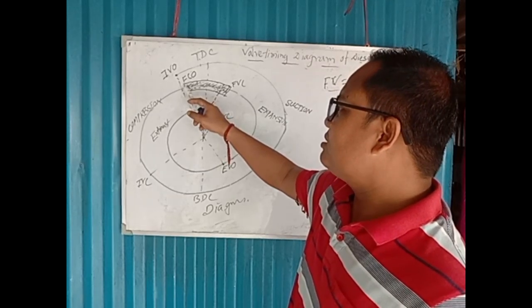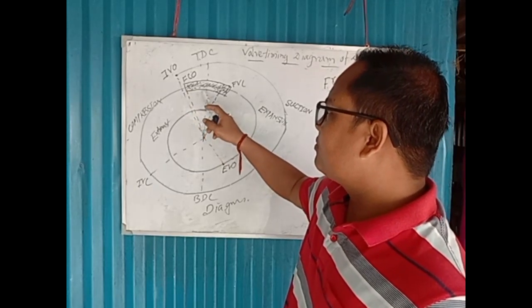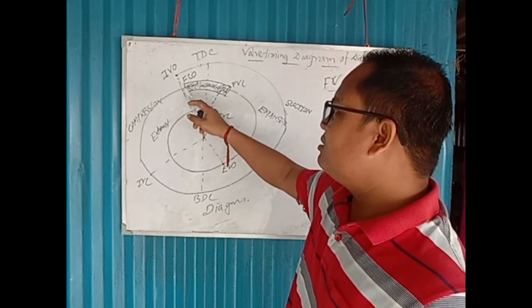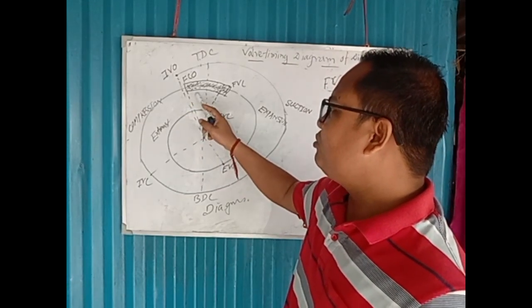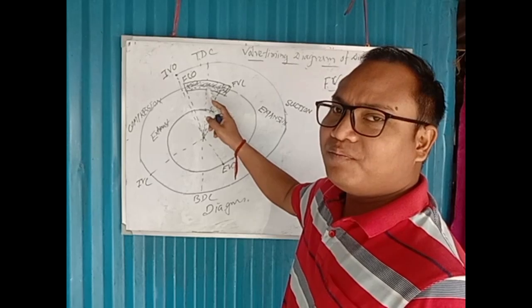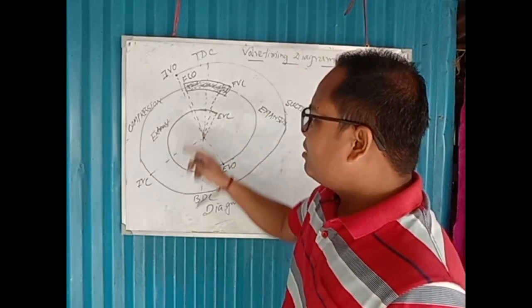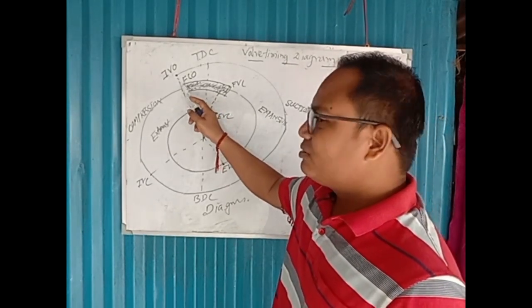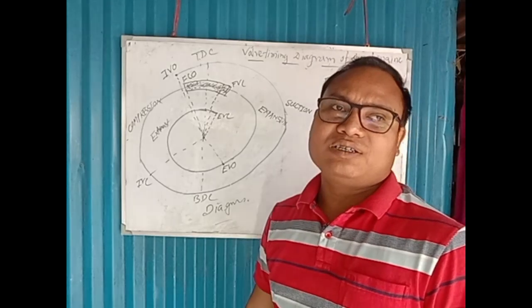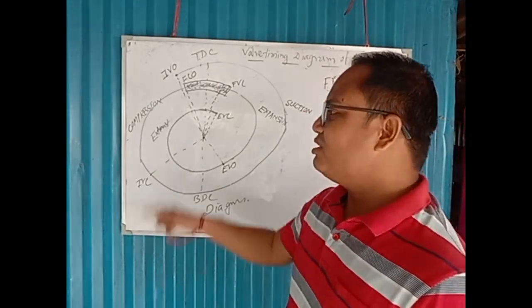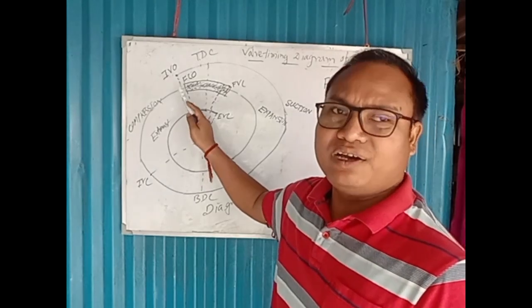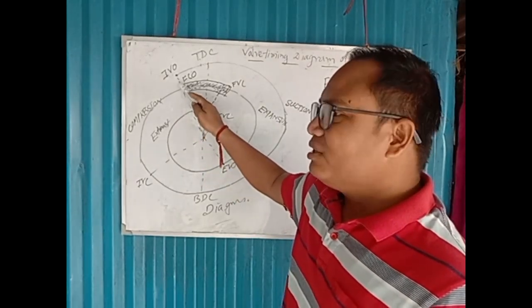This point is at 10 to 20 degrees before TDC. At this point, the fresh air charge is highly heated.